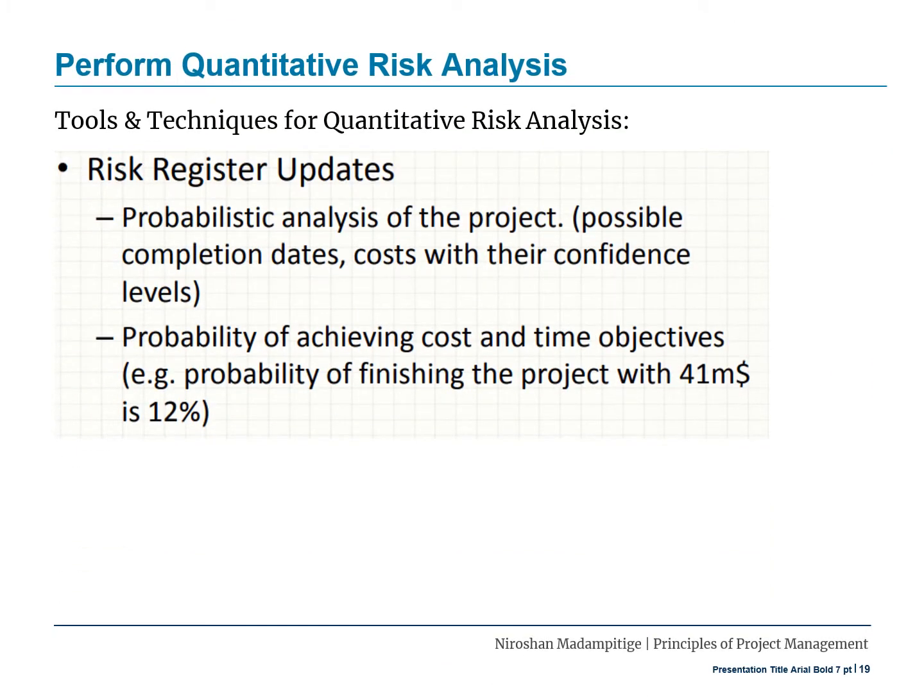Risk register updates. Probabilistic analysis of the project, possible completion dates and costs with their confidence levels. Probability of achieving cost and time objectives. Example, probability of finishing the project with 41 million USD is 12%.